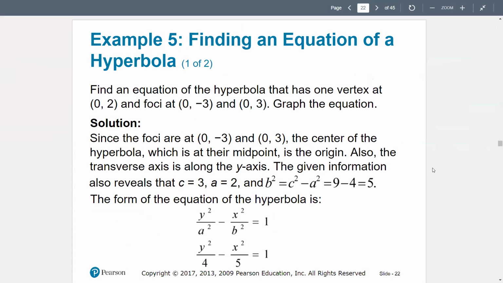All right. If we were to find an example, find an equation where one vertex is (0, 2) and the foci are (0, -3) and (0, 3), and we want to graph the equation.